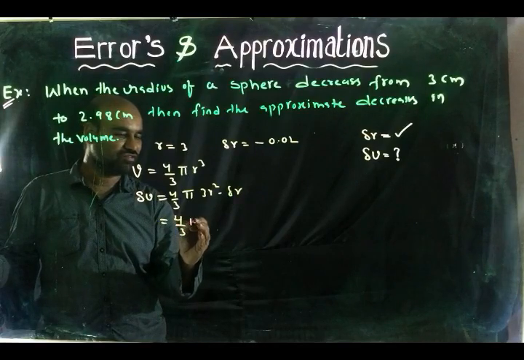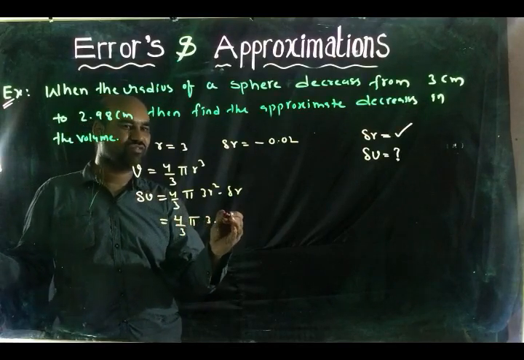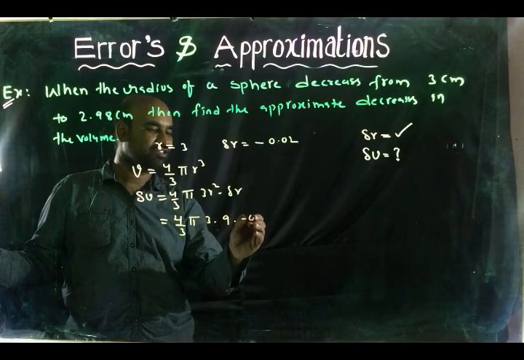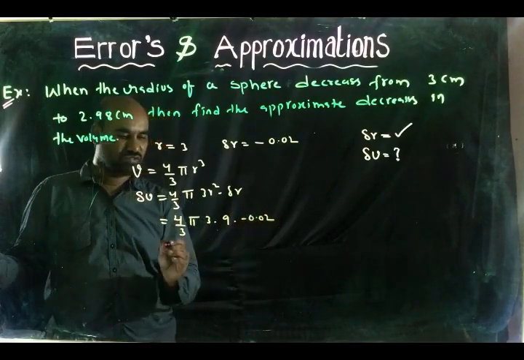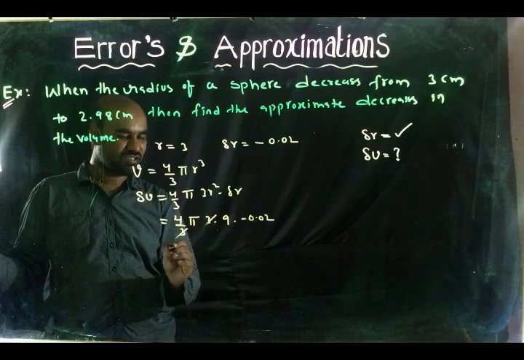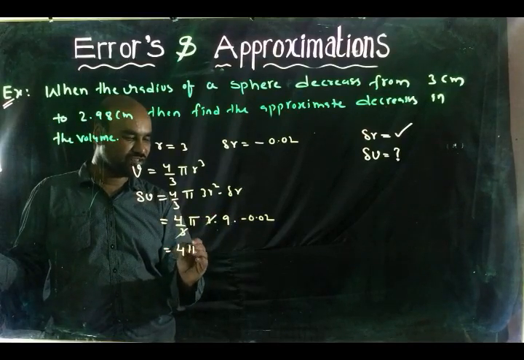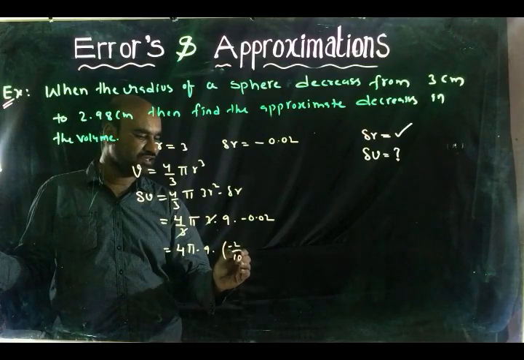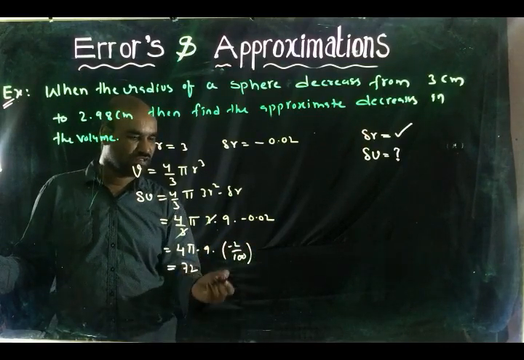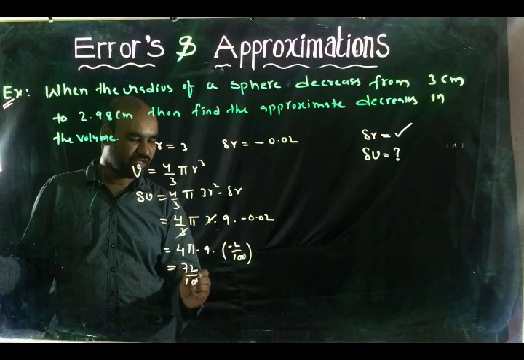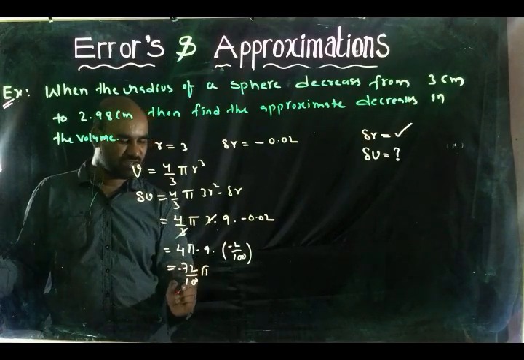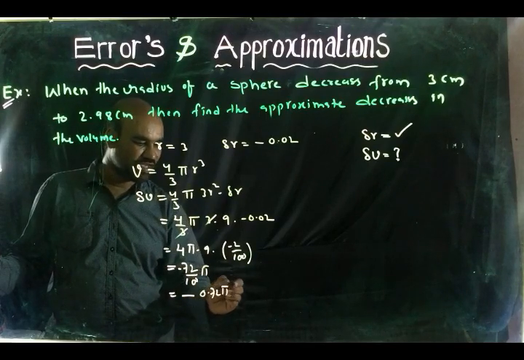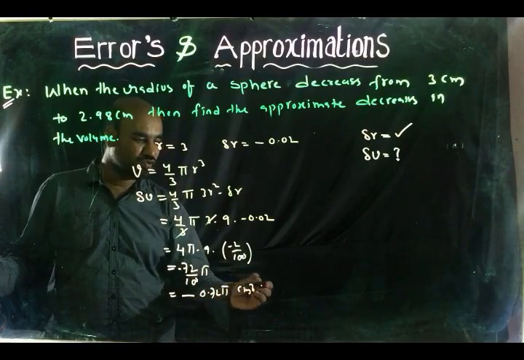4 by 3 into pi into 3 into r square 9 into delta R minus 0.02. 3 gets cancelled, that is 4 pi into 9 into minus 2 by 100. 72 by 100 pi with the negative symbol, minus 0.725 centimeter cube.